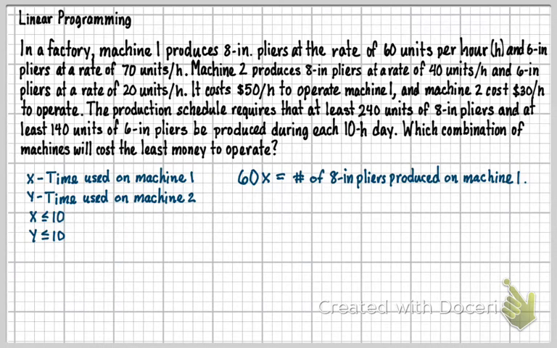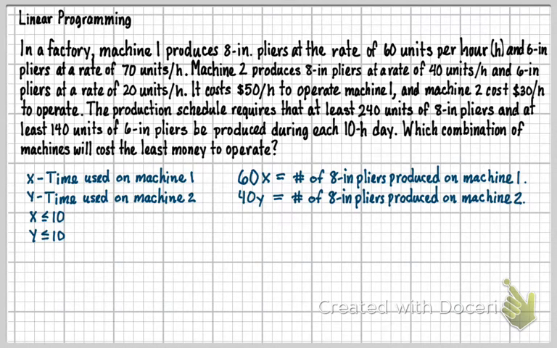And on machine 2, its 8-inch pliers are 40 units per hour. So that would be 40Y, because Y is the number of hours on machine 2. So 40Y would equal the number of 8-inch pliers on machine 2.